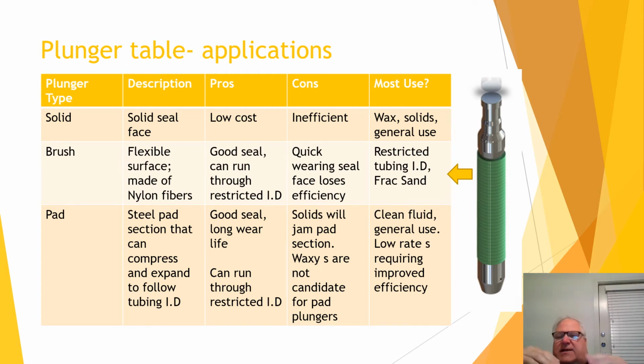But the pad will wear into the tubing, and even some pads actually become a little more efficient over time. A new plunger won't be as efficient as one that's a month old, because it can wear into the tubing, and the face of the pads starts to mate up better with the tubing itself.